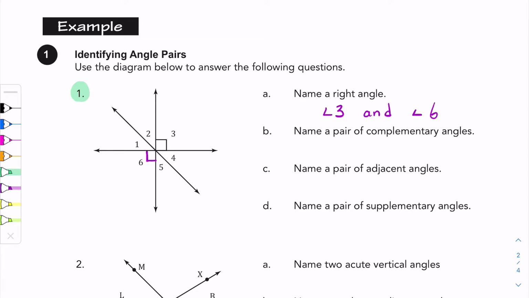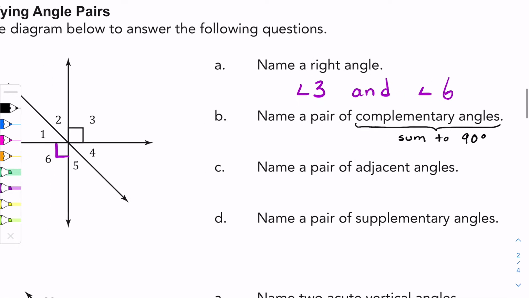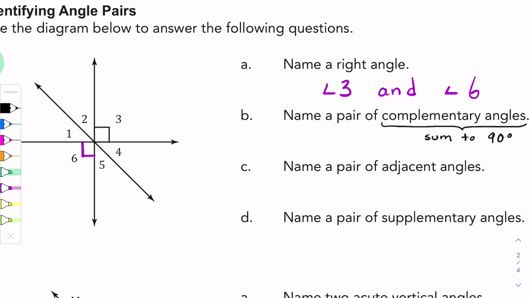Part B says to name a pair of complementary angles. Complementary angles add to 90 degrees. There's multiple pairs. I'm going to list them verbally, but then I'm just going to write out one of them.